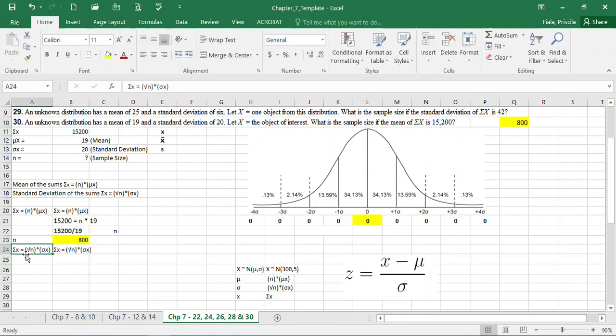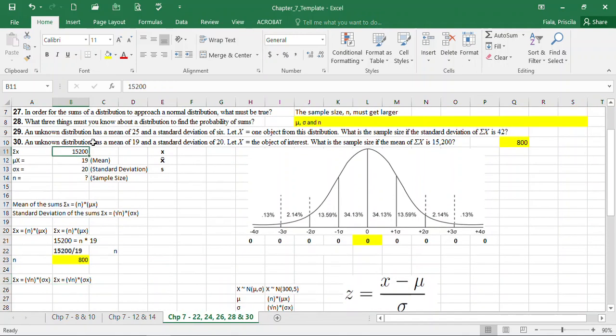Now, if you're asked on your midterm, for example, what is the sample size if the standard deviation of the sums is 42, let's solve problem 29 just in case. Again, the sum of your values is 42. Your mean is 25. Your standard deviation is 6, correct?